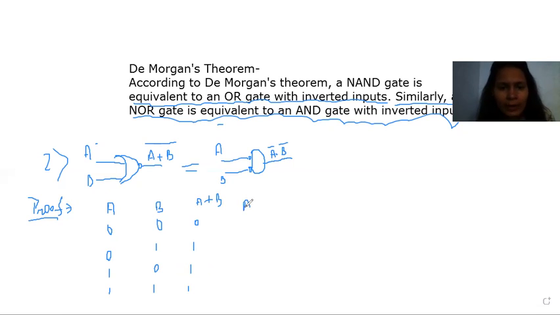Then complement of A plus B. So we will do complement of this column. 1, 0, 0, 0.